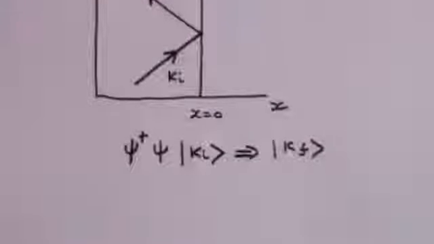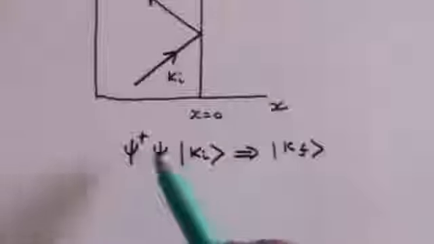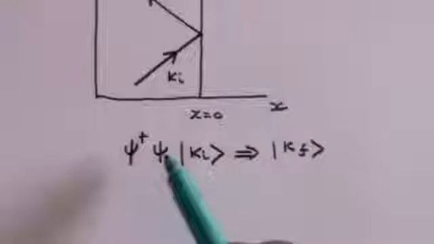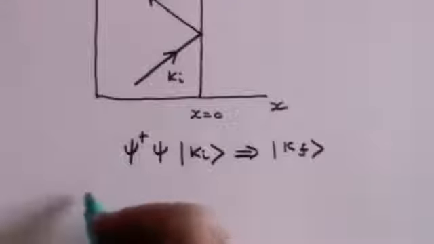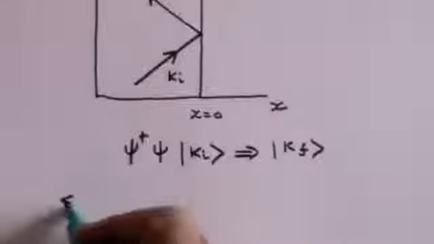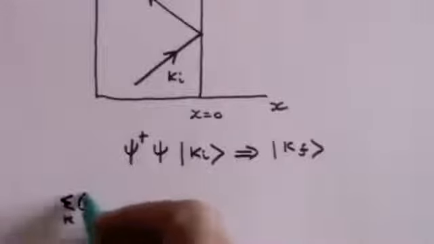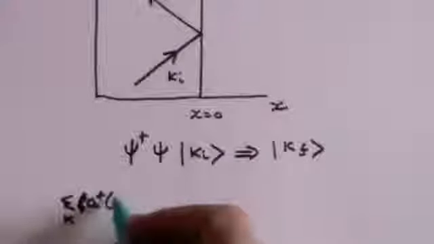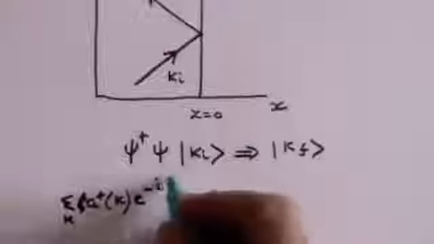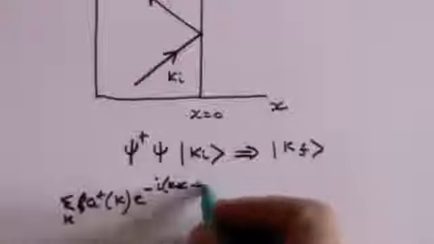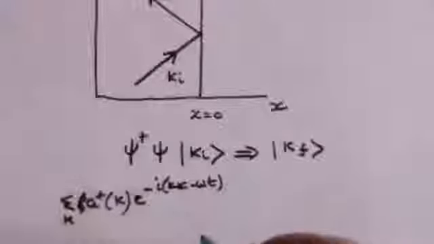So if we put that in terms of the mathematics that we developed last time, what we can say is that this term, the psi dagger psi, will be the sum over k of a plus k e to the minus i(kx minus omega t).